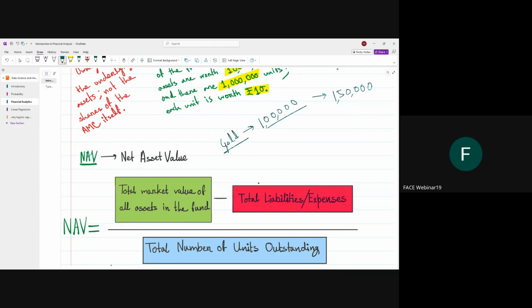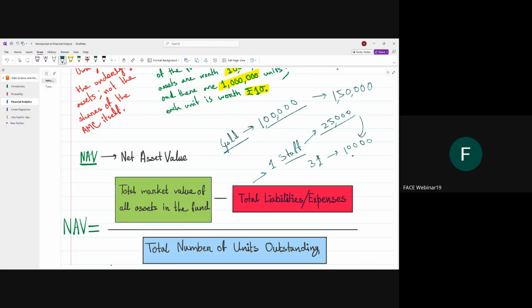And then total liabilities and expenses. Initially maybe there was one staff member, and for them they used to pay a 25,000 salary, something, just random numbers. After 2 years, now they have 3 people and they are paying around maybe 25, 50 or something.